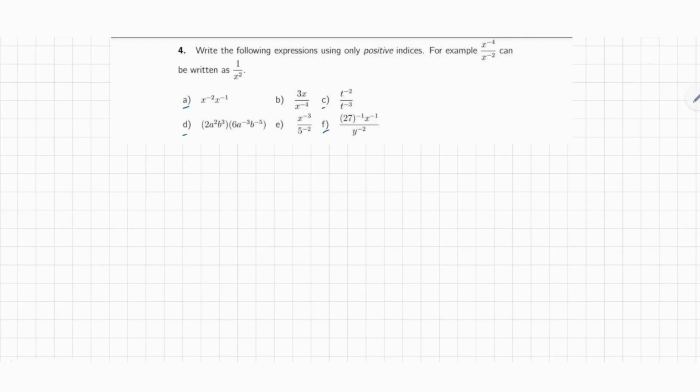In this question, we will be using the following law. A to the power minus m is equal to 1 over a to the power m. We will also use a to the power m times a to the power n equals a to the power m plus n. We also have a to the power m divided by a to the power n equals a to the power m minus n.